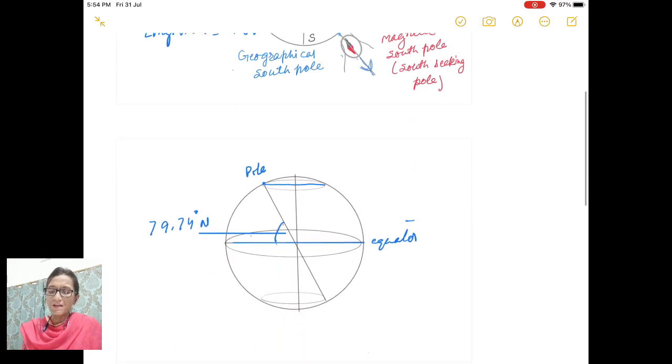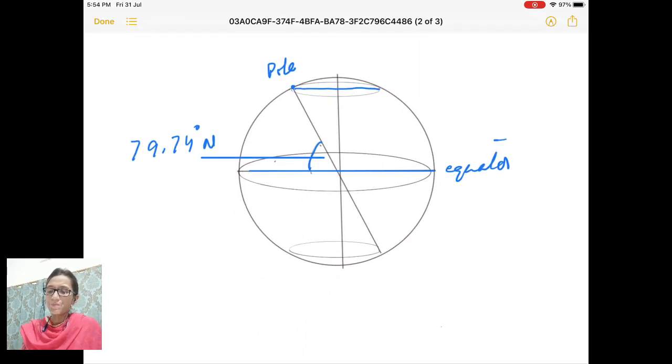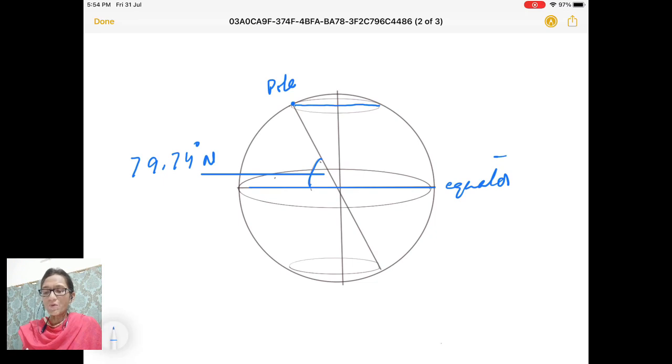So let me show you what is the meaning of latitude. Here you have a horizontal plane circle on the equator, and then you draw another horizontal plane circle which passes through the pole.